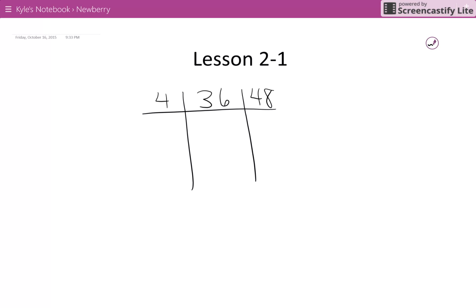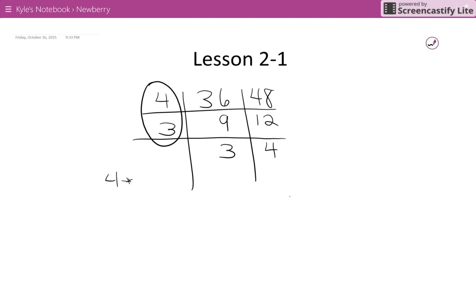So 4 into 36 goes 9 times, 4 into 48 goes 12 times. Then do the same thing. How many into 9 and 12? A factor for both 9 and 12 would be 3. How many times does 3 go into 9? 3. How many times does 3 go into 12? 4. Any factors for 3 and 4 they have in common? No. So we circle these and do 4 times 3 equals 12. And that's our greatest common factor, 12.